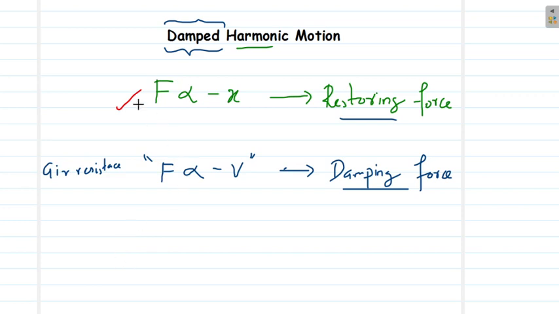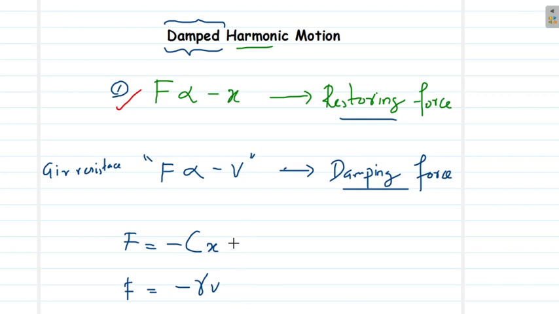I can write equation 1 as F is equal to minus Cx, where C is the proportionality constant or the force constant here. And I can write the second equation as F is equal to minus gamma v, where gamma is the second proportionality constant. It is also called the damping constant or damping coefficient.